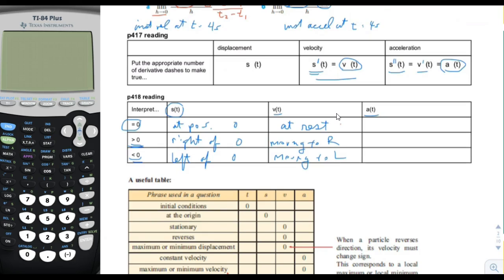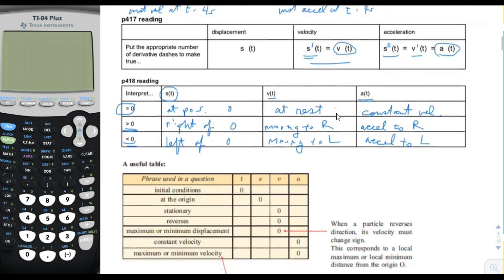When acceleration is 0, that means you are at constant velocity. When acceleration is positive, you are accelerating to the right. And when a is less than 0, you're accelerating to the left.